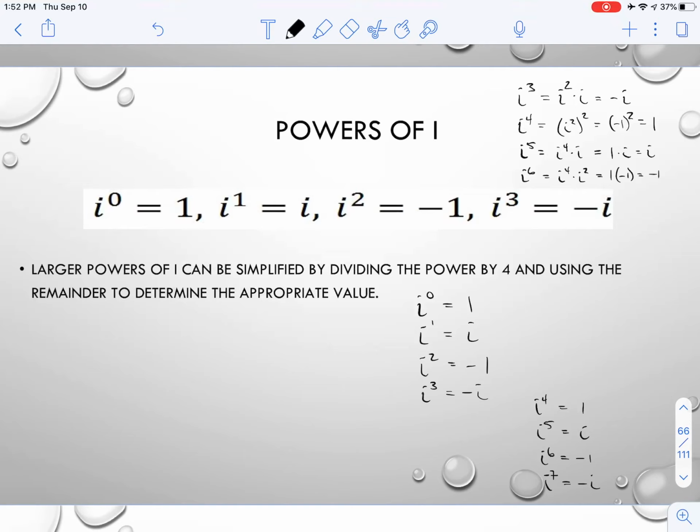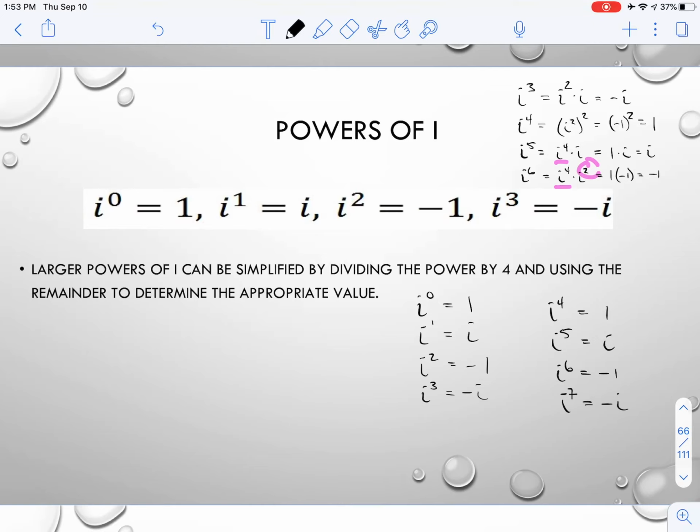And the simplest way we can break our larger powers of i down into smaller, more manageable powers of i is to divide whatever the power of i is by 4 and look at the remainder. Essentially what happens is what I was doing here where I pulled out a 4, and whatever was left over is going to be the power of i that I have after I pull a certain number of i to the fourth out. Okay, I'm dividing out a certain number.